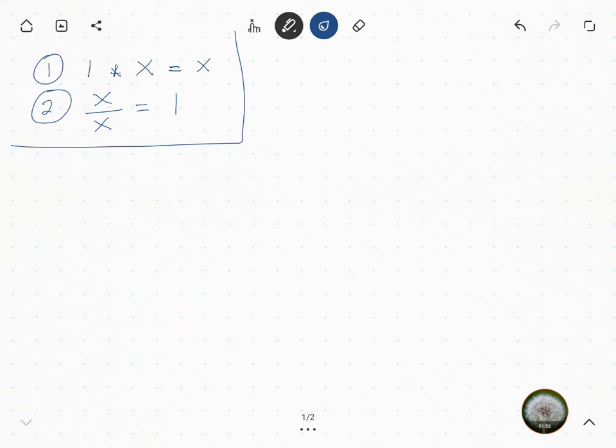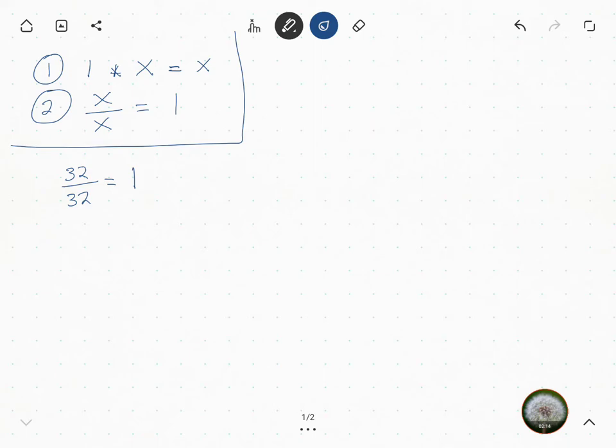So if we start adding numbers to this idea, we can say that 32 divided by 32 equals 1, right? Anything divided by itself equals 1. Now that is fairly straightforward, but we can also start adding more complexity into this system.